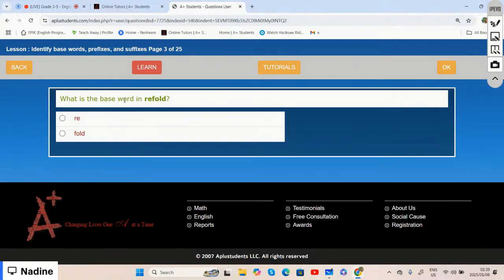What is the base word in refold? Is it re, option one, or fold, option two?